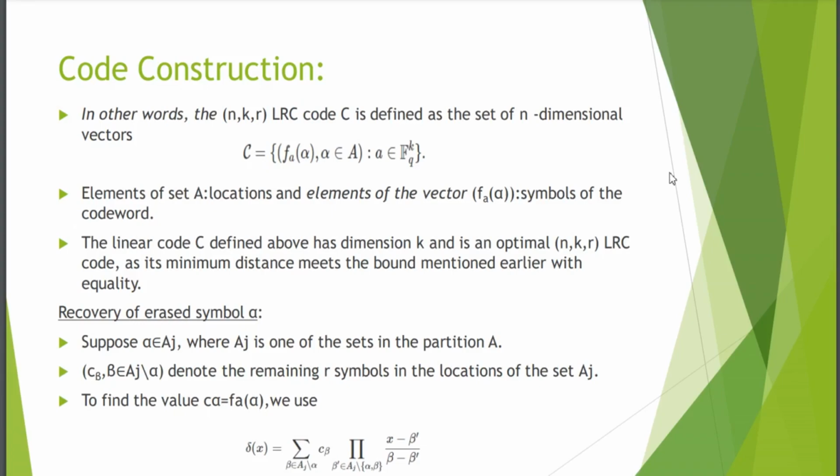The local recovery is accomplished as follows. Let alpha be the array symbol belonging to A_z, where A_z is one of the sets in the partition of A. Let c_beta, where beta belongs to A_z excluding alpha, denote the remaining r symbols in the locations of the set A_z.